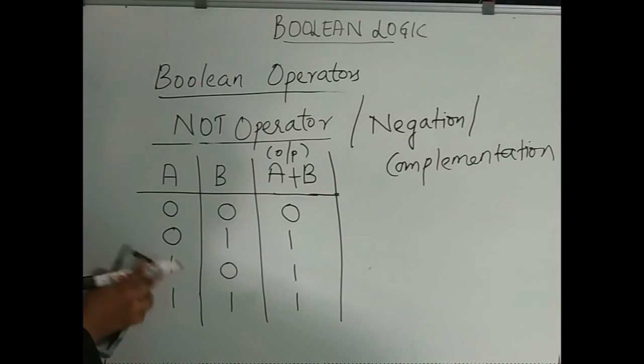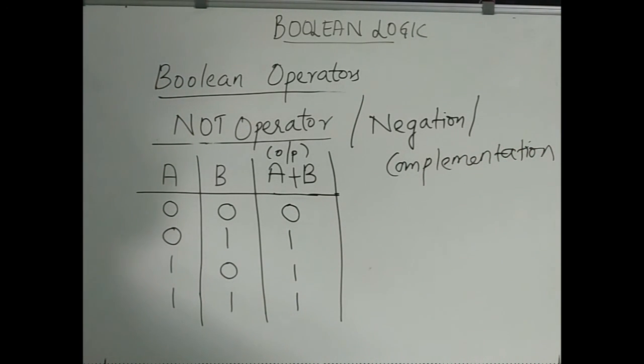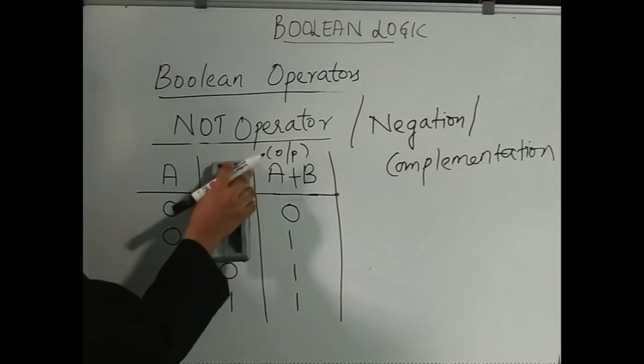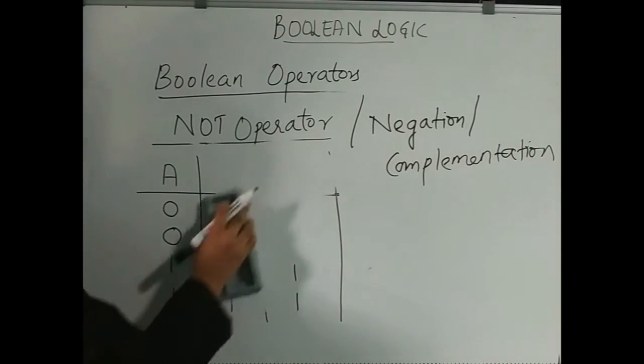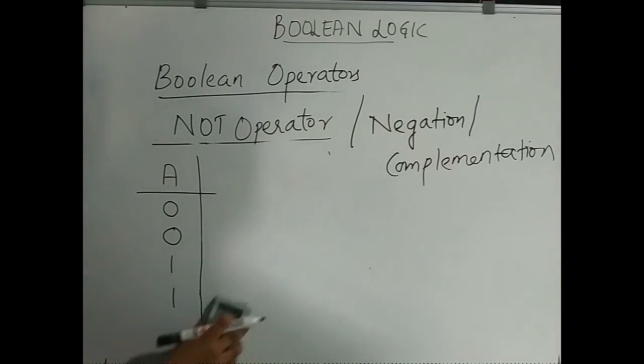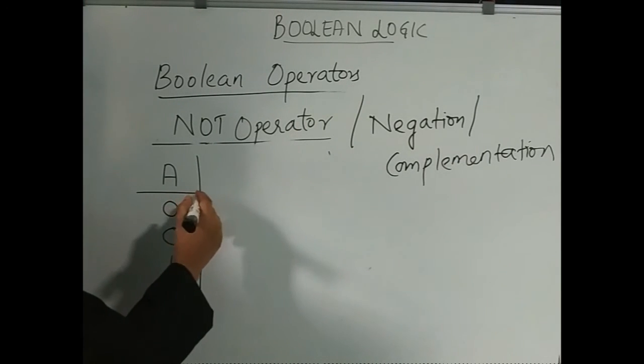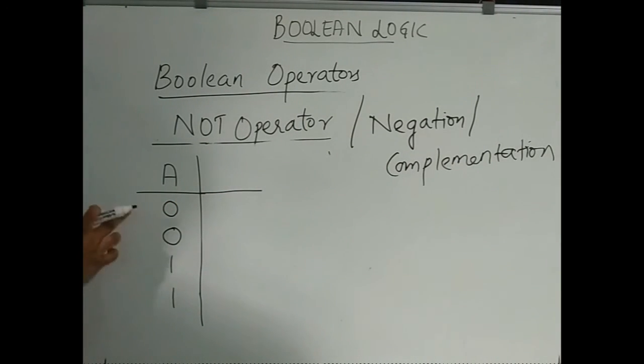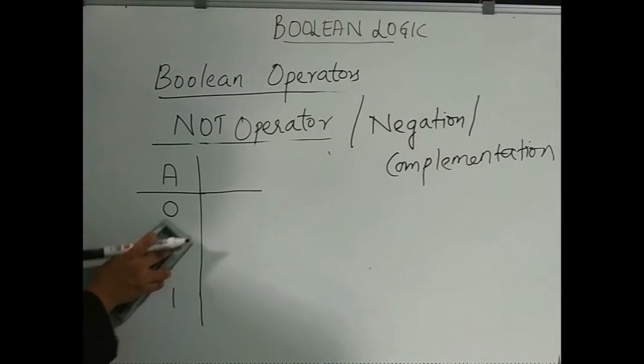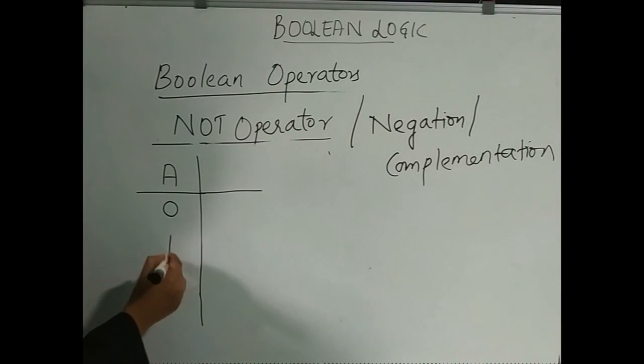So previously I have told that there will be only one operand or Boolean variable in the case of NOT operator. So I am taking only A, because there will be only one operand. So I need not repeat this thing 0 0 1 1. Just I can write like this, 0 and 1.